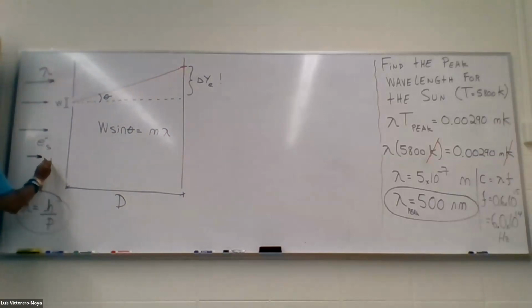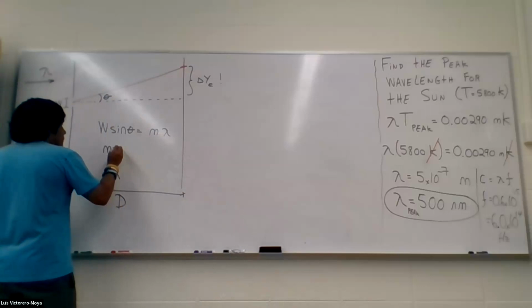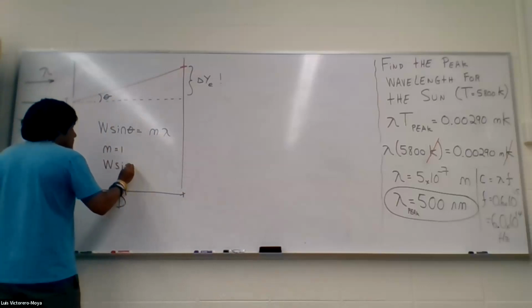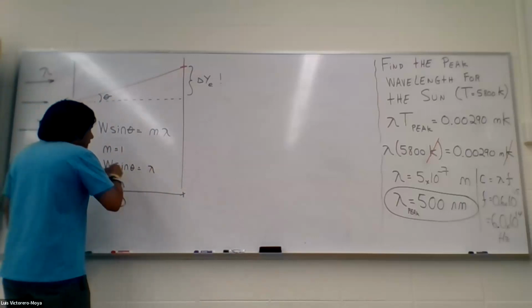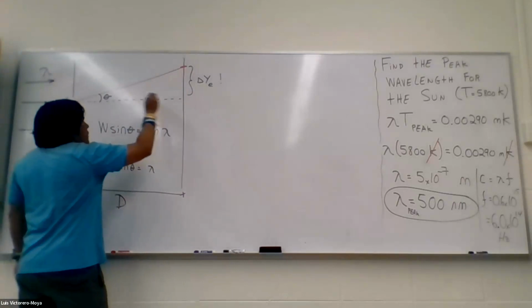Well, some momentum. All right? Okay. For the first order, we can say that W sine theta equals lambda. And that happens to be the width of the maxima. Remember, at the center you have the maxima.